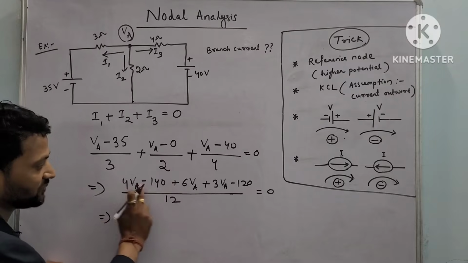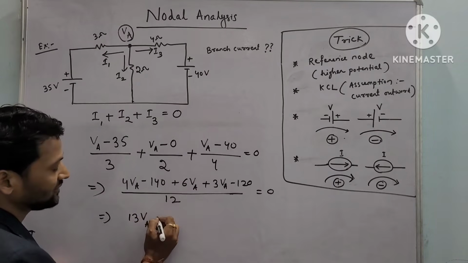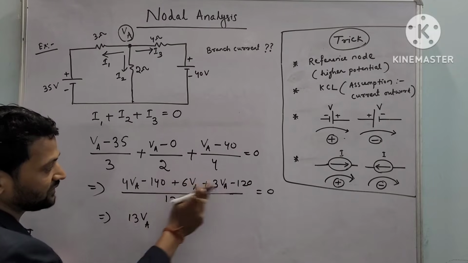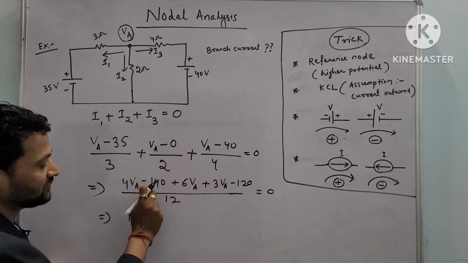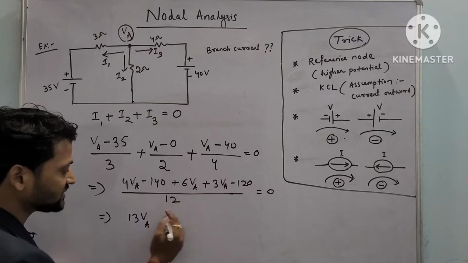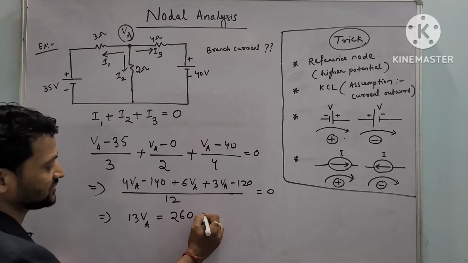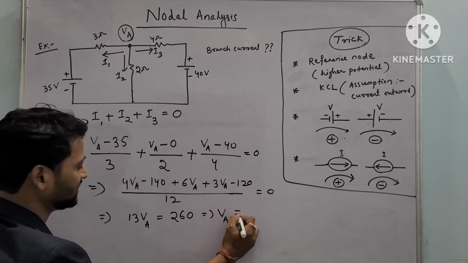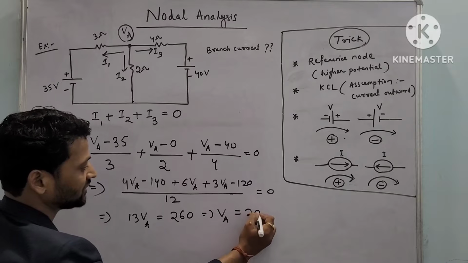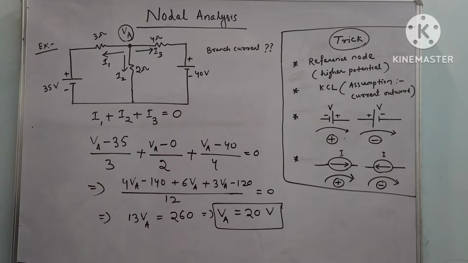So 4VA plus 6VA plus 3VA will be 13VA, and 140 minus 120, it will be minus 260. If it goes to that side, it will be 260. So what is VA? VA is coming, I think, 20 volt. Done. So now we can easily get the answer.